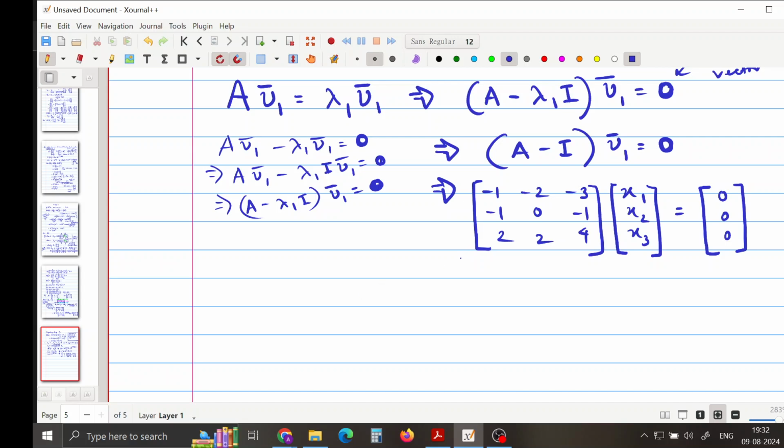What you do is, so this was your A minus identity, right? This matrix. This is your zero vector. This is your v1. So you form an augmented matrix.